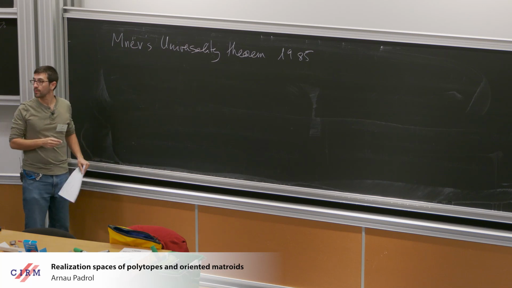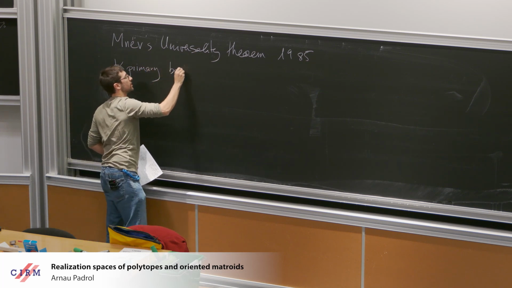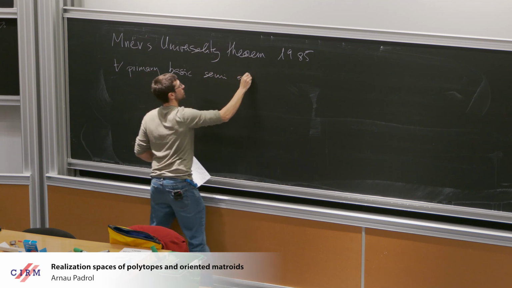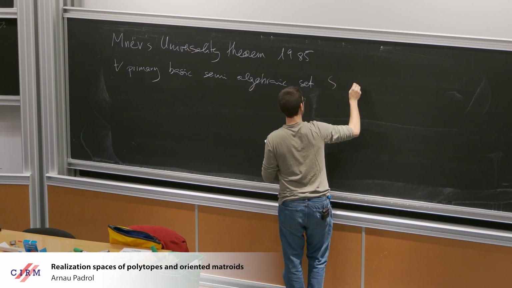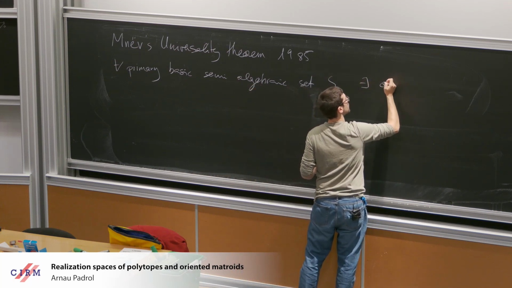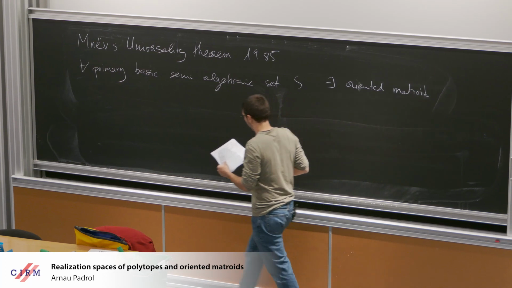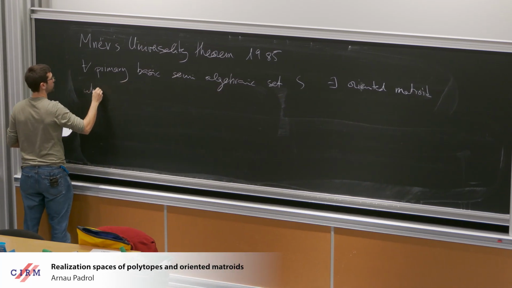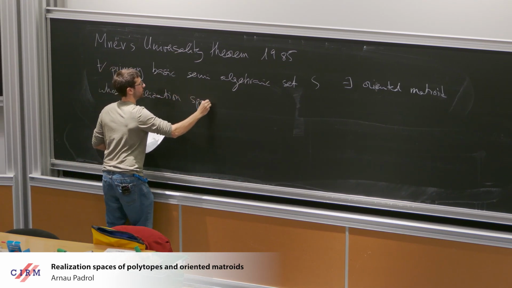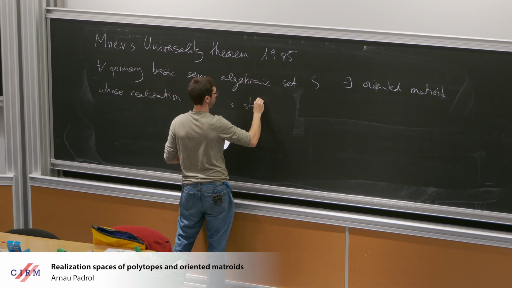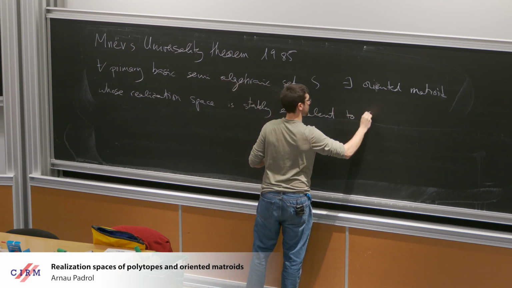It says the following thing: for every primary basic semi-algebraic set S, there exists an oriented matroid whose realization space is stably equivalent to S.